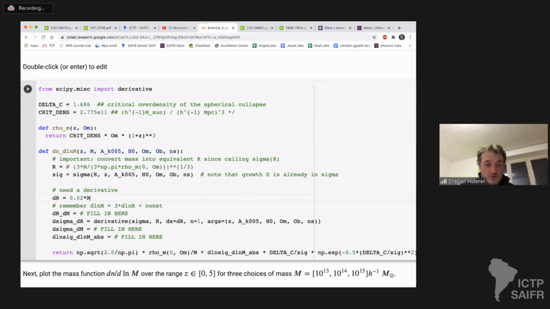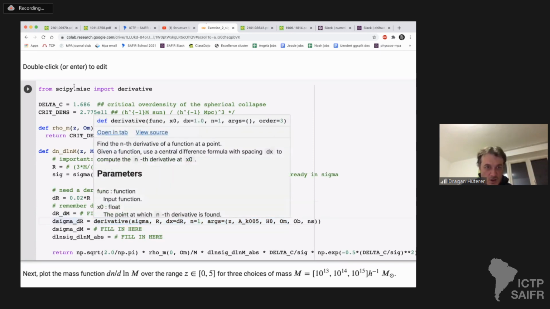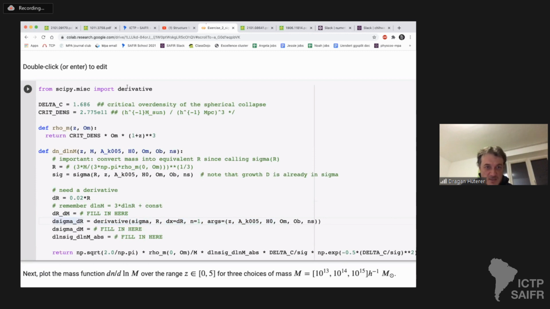That's a very bad thing to do. Just take 2% or 1% of R, hopefully it's stable. For the derivative, this is the kind of thing in C I always had to work much harder at. It's so easy in Python. You just call scipy.misc, which has derivative. You say derivative, blah, blah, blah, from R, dR. This means it's a first derivative.